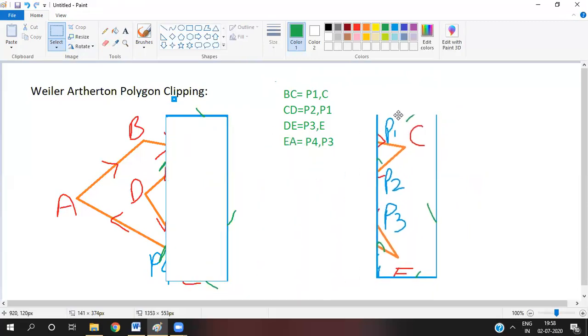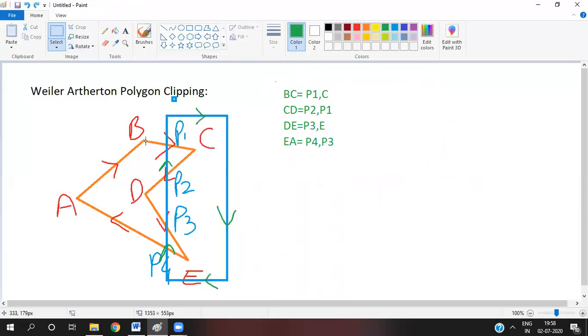Lines are coming basically. I have drawn this window now. A better way, I will redraw it.